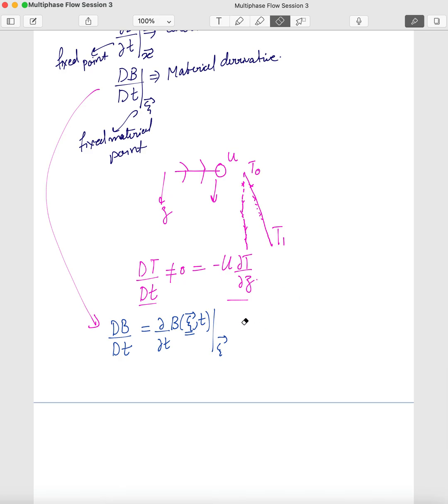So basically we wanted to relate this with the Eulerian derivative.